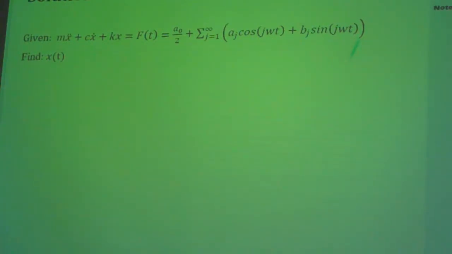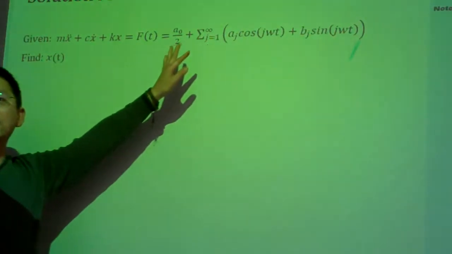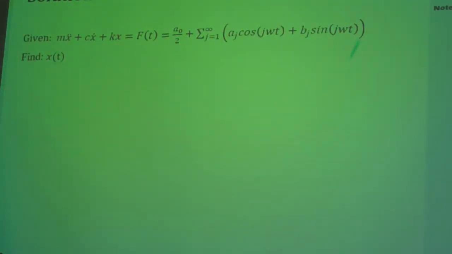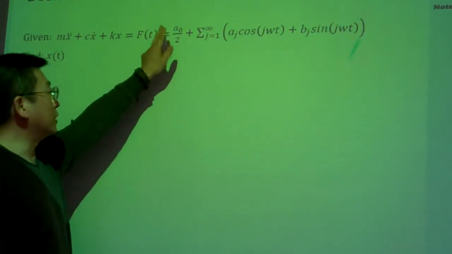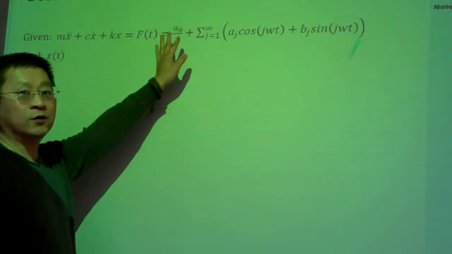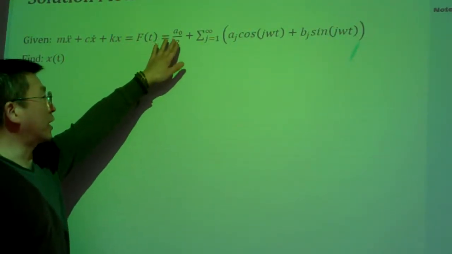Because the system is linear, the force is linear, so we can use the superposition principle, and we can decompose the system response to individual terms. For example, in chapter 3, you know how to calculate the response to a constant.